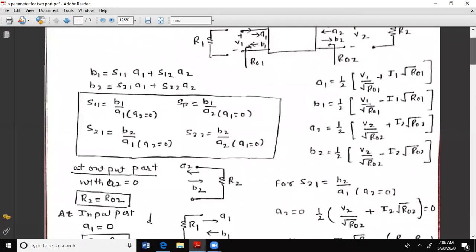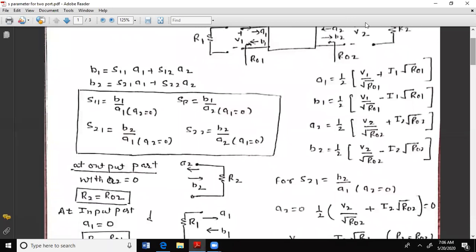So if we look at the output port with A2 equal to 0, looking from this point at the output terminal, A2 equal to 0 means there is no reflected power and B2 is the incident.